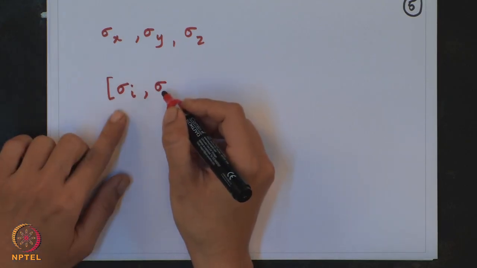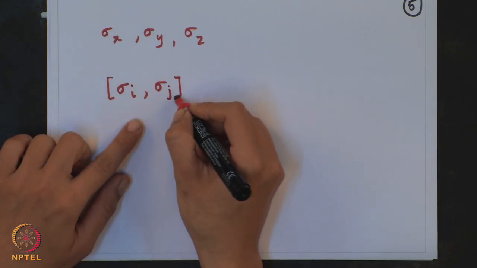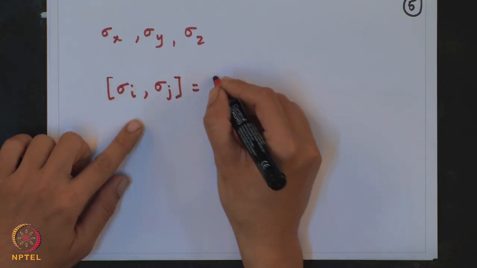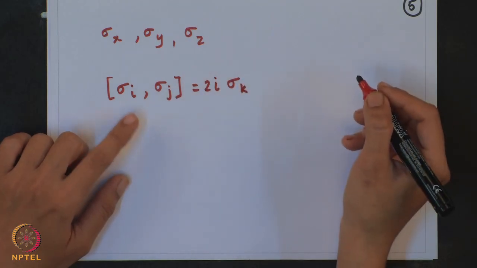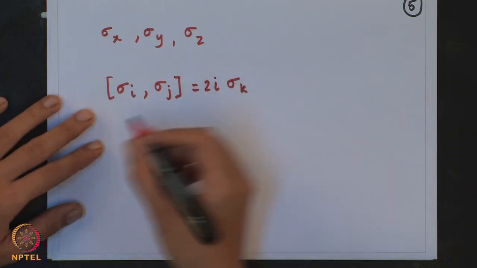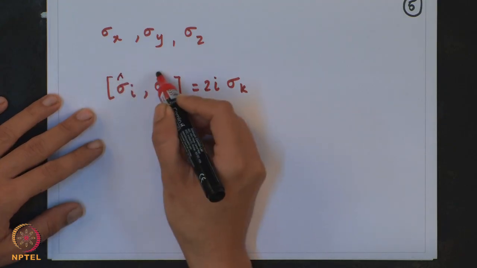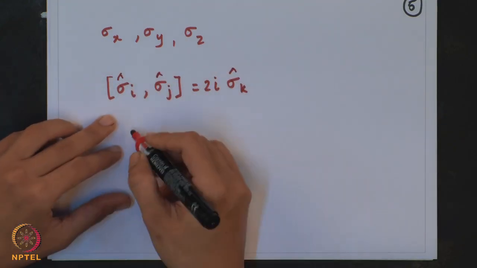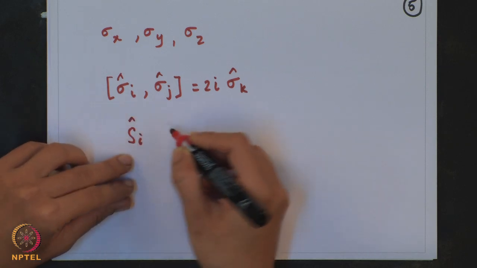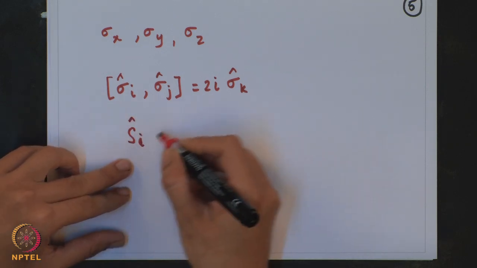If I write sigma i, sigma j, this is nothing but 2I sigma k. These relations we all know, and these operators you can also write in terms of S, that you all know.